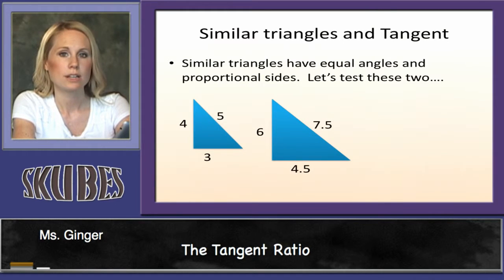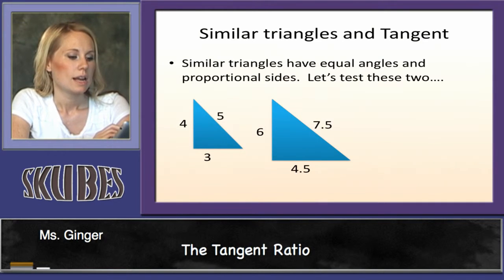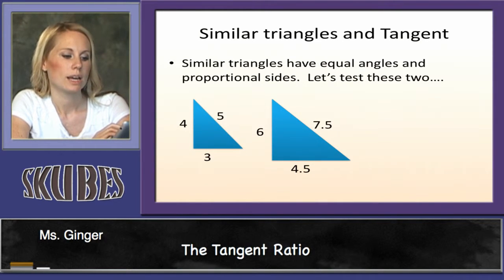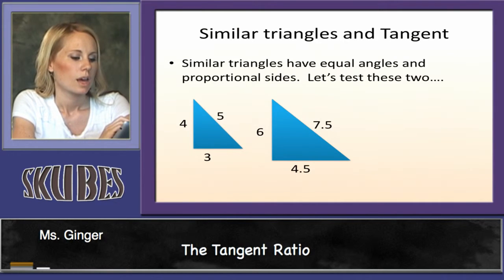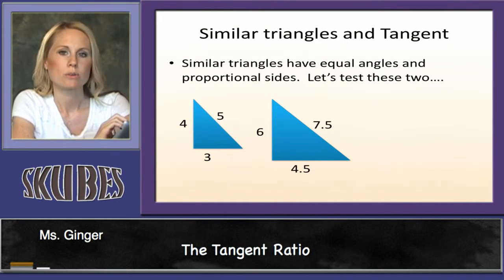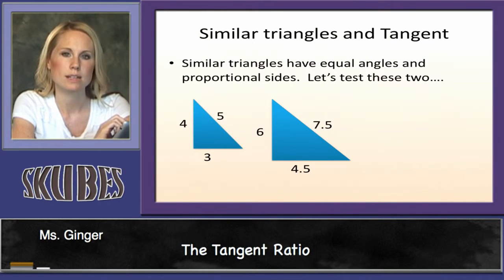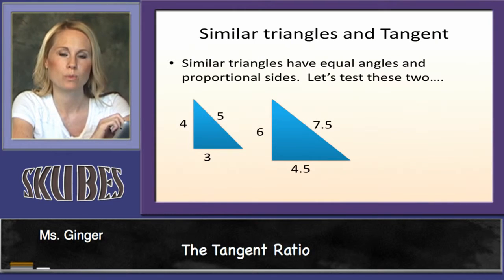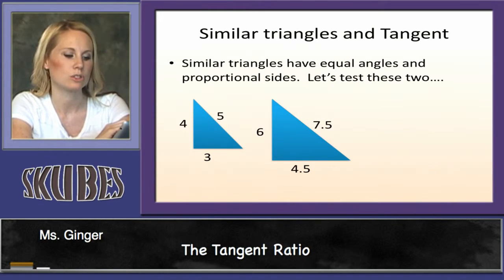Alright, so we talked about tangent, what the pieces of the ratio are. We talked about how to use it to find angles. Now let's look at similar triangles and their relationship to tangent. If we have similar triangles, we know that we have proportional sides, meaning the sides have a special relationship with each corresponding side in the two triangles.